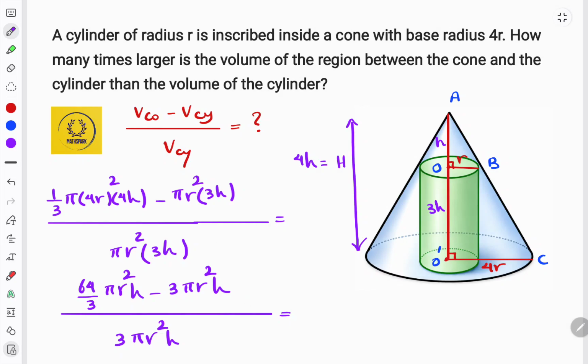You can see that this expression is in terms of r and h. I'm going to factor out pi r squared h, and the remaining part is 64 over 3 minus 3, over 3 pi r squared h. I'm going to cancel out pi r squared h with the denominator.